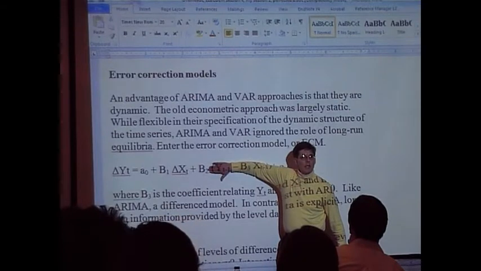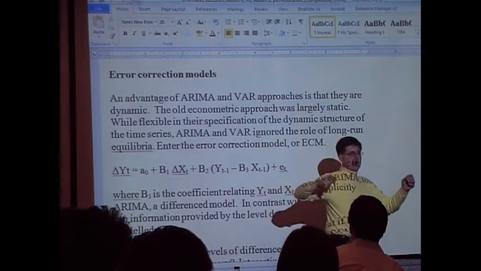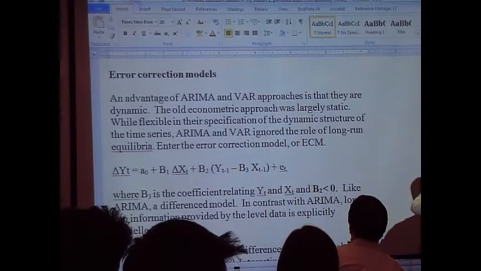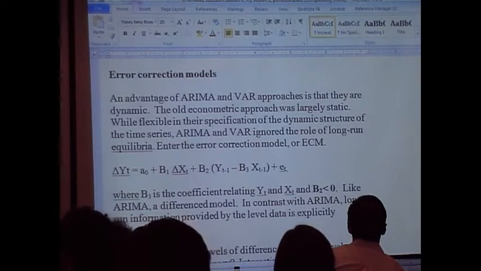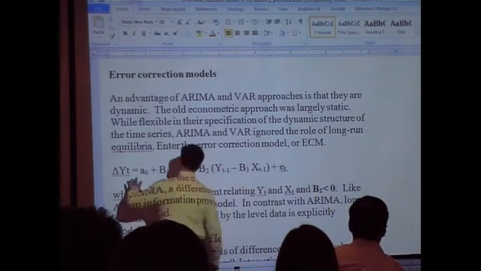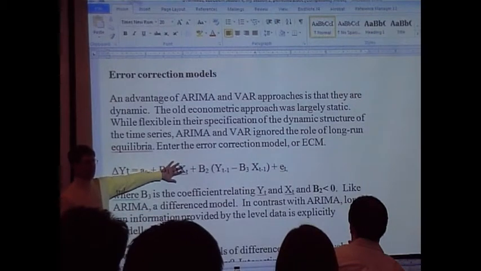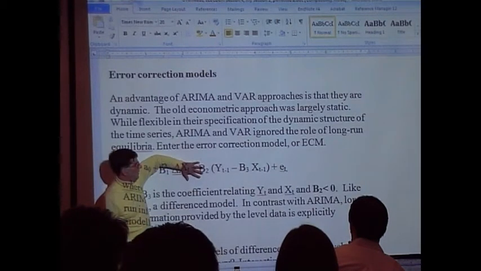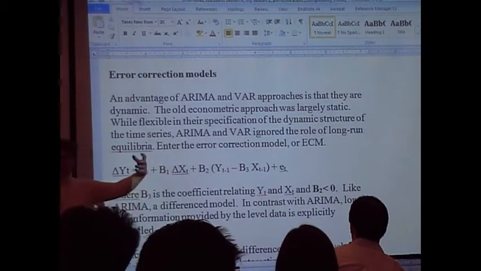Difference the y, difference the x, and do the regression. So what you're saying is the current changes in x lead to current changes in y. The lag changes in x lead to current changes in y, right? That's it. But what if current changes in y are not just a function of current changes in x, but they're also a function of the relationship between lag y and lag x?